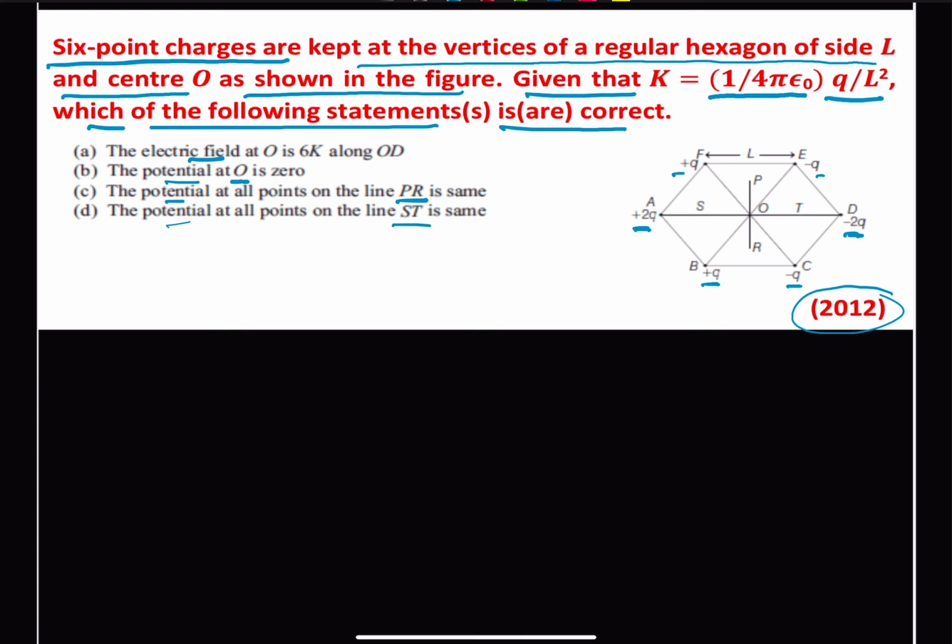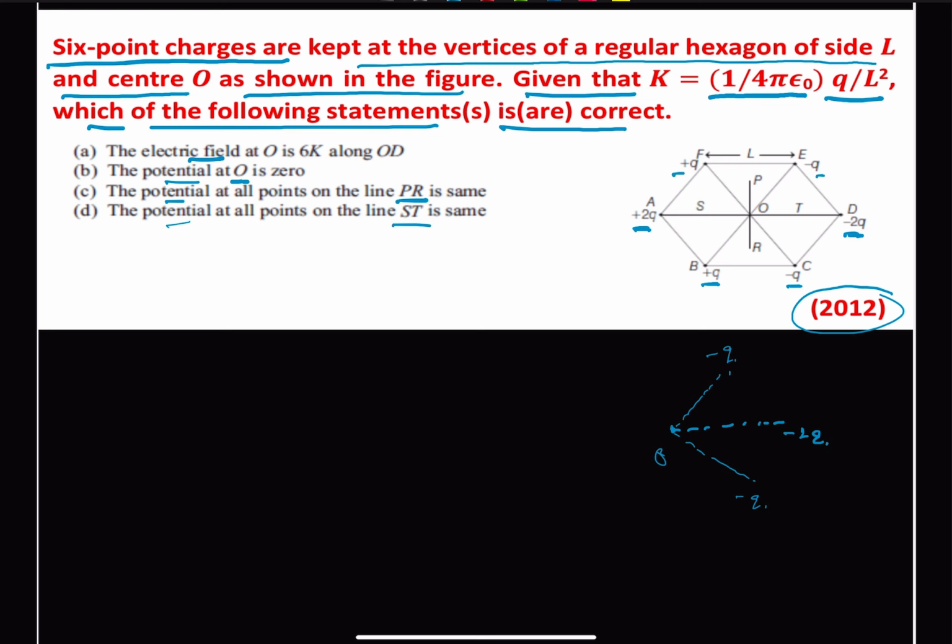So therefore, we can just draw an approximate figure. We have a center O, and there is a charge of minus q here, and this is also minus q, and we have a charge of minus 2q here.